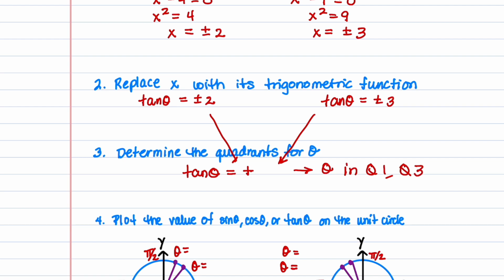We don't really need to worry about quadrant 3 because tangent is pi periodic, so we can pick up the solution in quadrant 3 from the solution in quadrant 1. When tangent theta is negative, our theta is going to be in quadrant 2 and in quadrant 4. And in a similar way, we don't need to worry about quadrant 4 because we can pick that up from our solution in quadrant 2 since tangent is pi periodic.